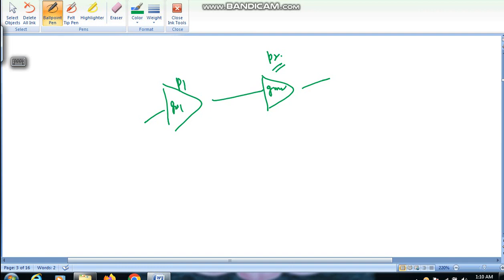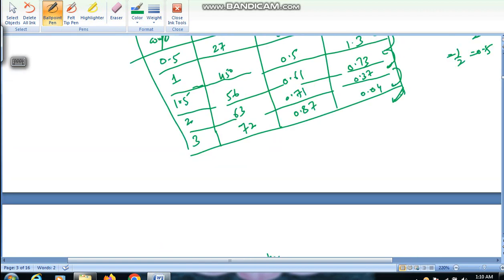You can directly say omega p2 should be 3 times omega ugb, so that you will get 72-degree phase margin. In this your settling is good, everything is good. Here you can see overshoot is almost negligible.